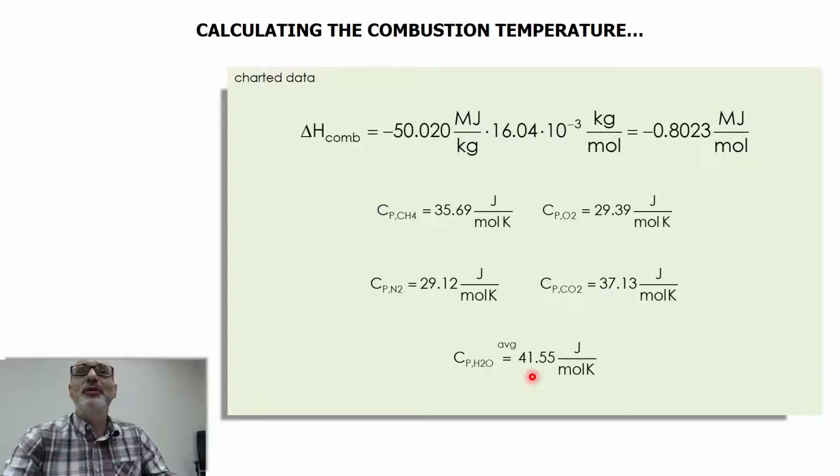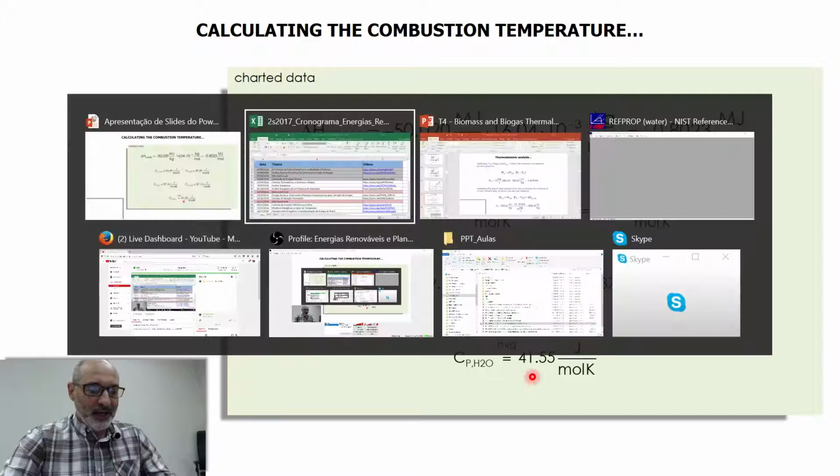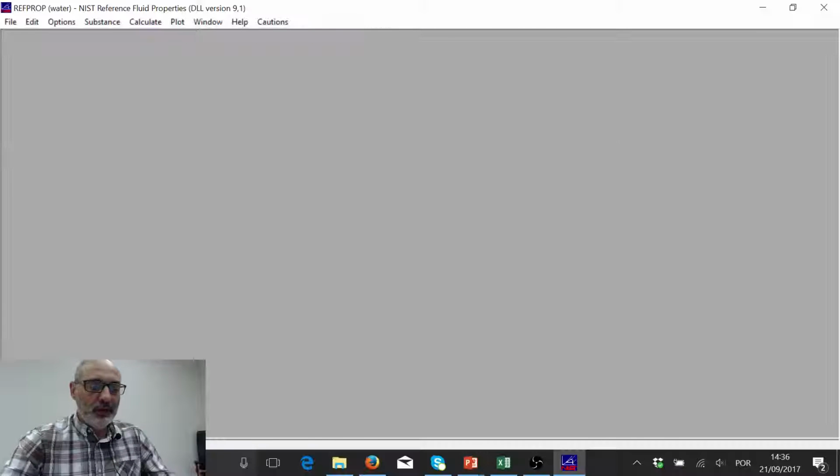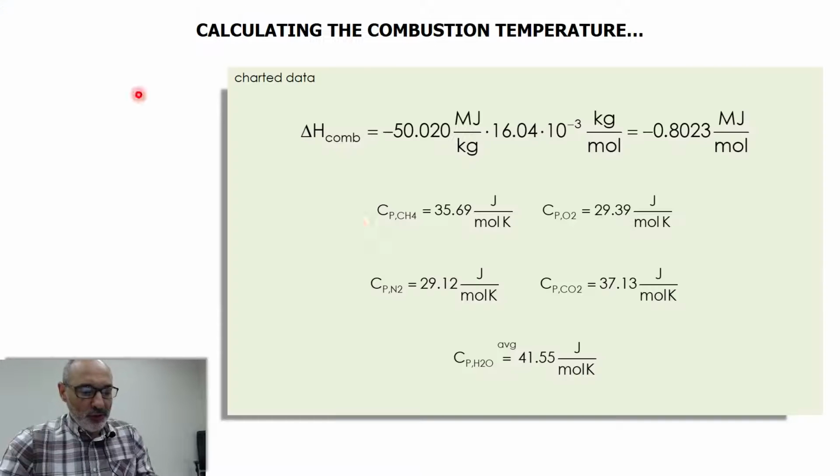This is the tutorial part of the class. There are several types of thermodynamic property software. I like to use this one, RefProp. It has a free student version that you can download, install and use. It's very useful. So I'm going to try to show you how I managed to get this number here.